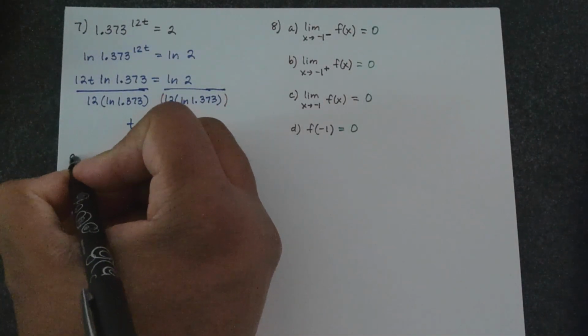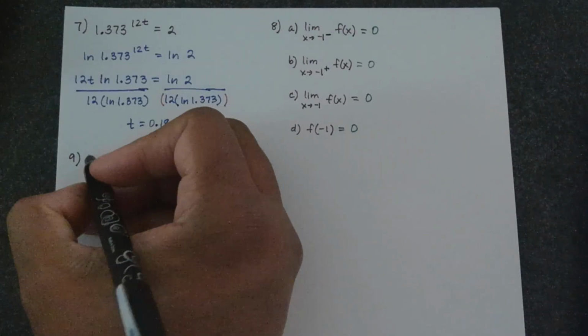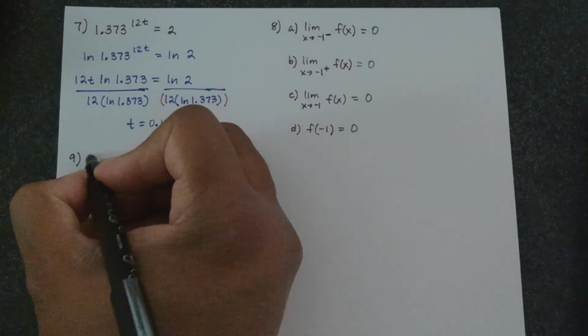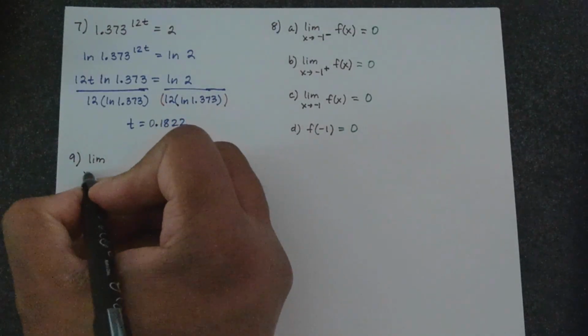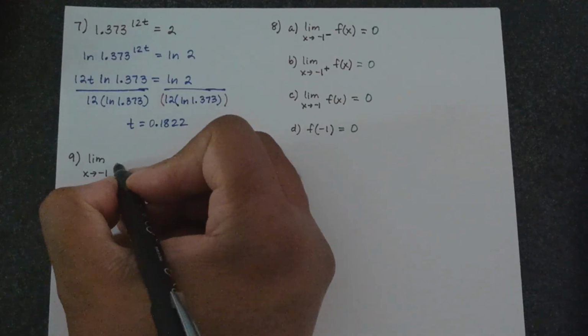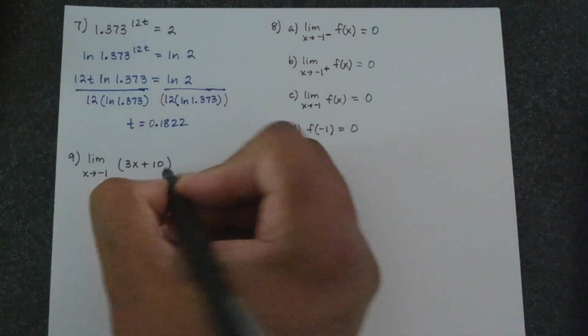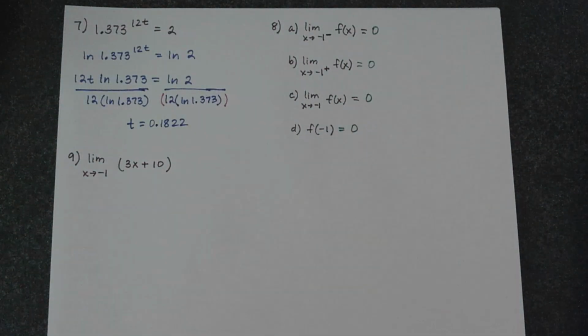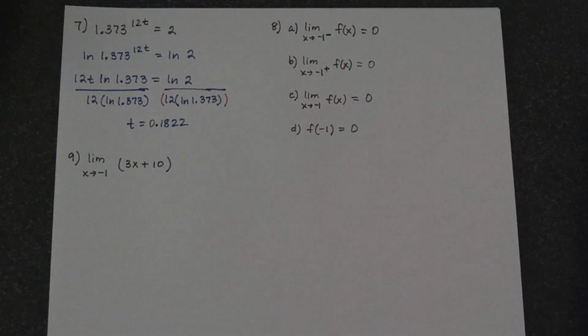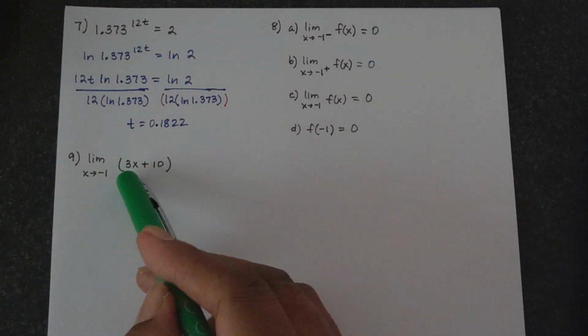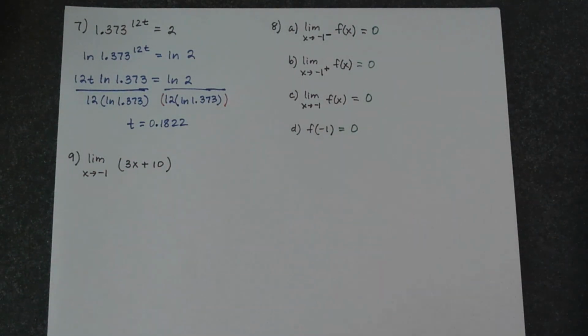All right, number 9. If it exists, we're going to find the limit as x approaches -1 of 3x plus 10. In this case, this is just a linear function.